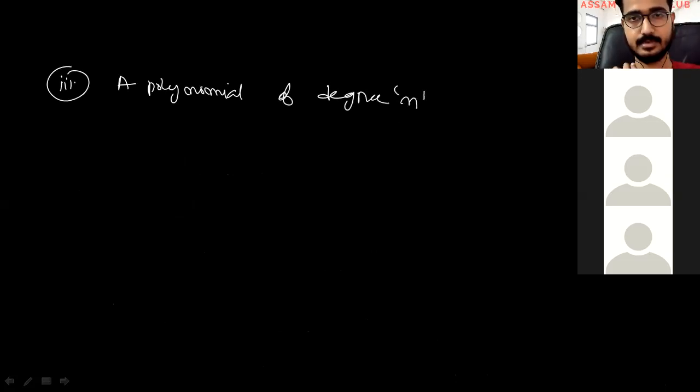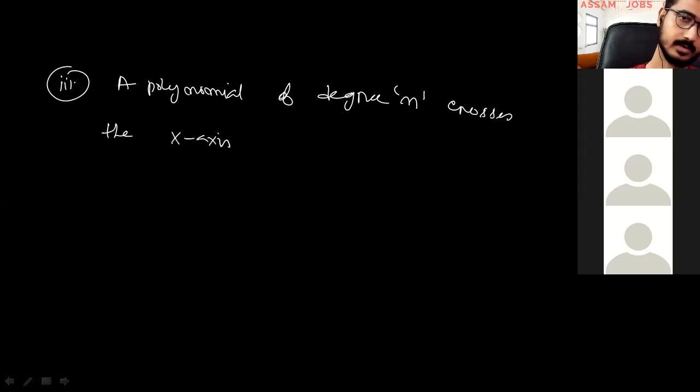N means it can be any natural number, 1, 2, 3, 4. Cross means intersect. Crosses the x-axis at most n points. At most means maximum n points.